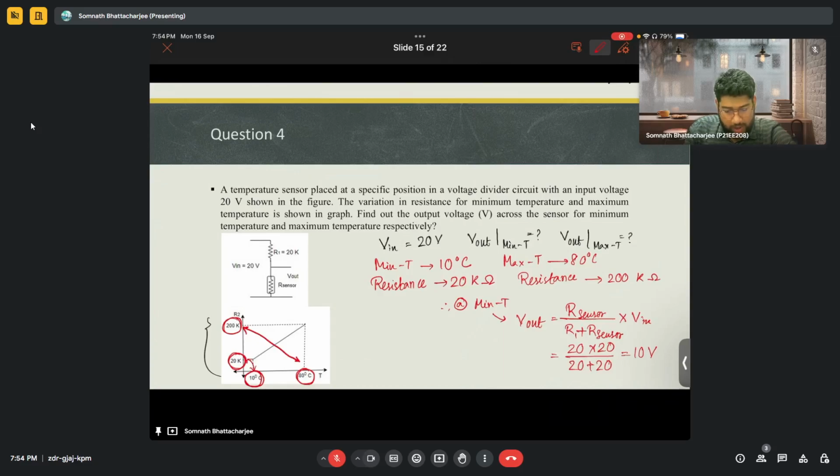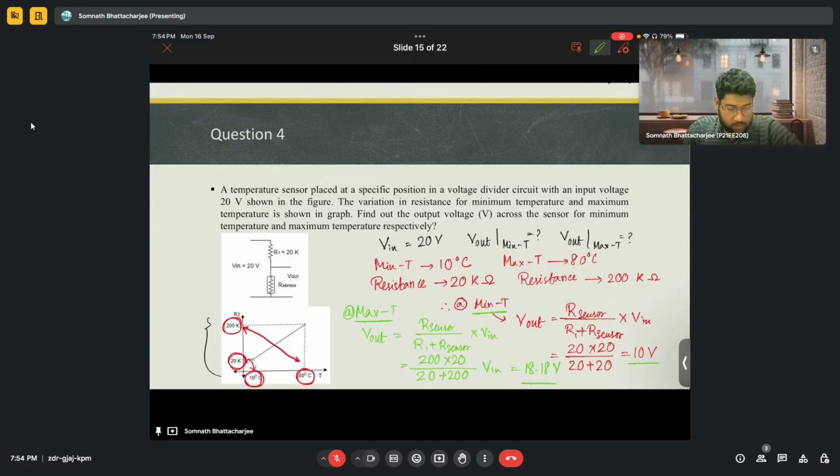Okay, and to further calculate the next part, at the maximum T, what will be the value of this V output at max T? It will be the same formula, right? R sensor divided by R1 plus R sensor. So the formula in this case will be 200 cross 20 by 20 plus 200 into V in, that is nothing but 18.18 volts.